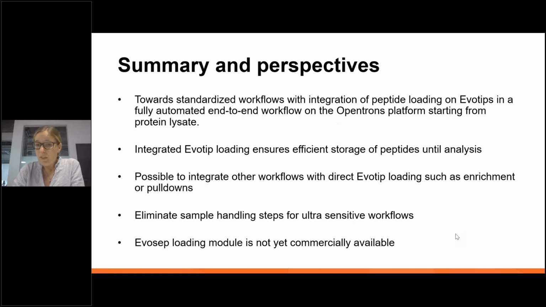And for some applications like ultra-sensitive workflows, we believe it's definitely an advantage if we can load the samples as fast as possible on the Evotip because we believe that they're best preserved there. So it's possible to integrate other workflows with the direct Evotip loading, such as enrichments or pull-down strategies.